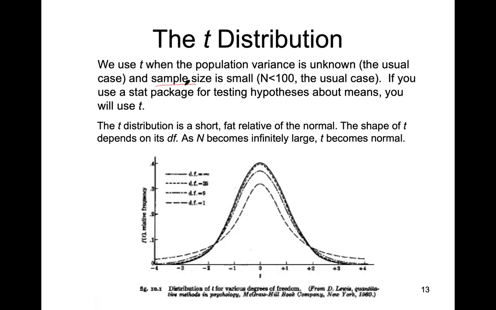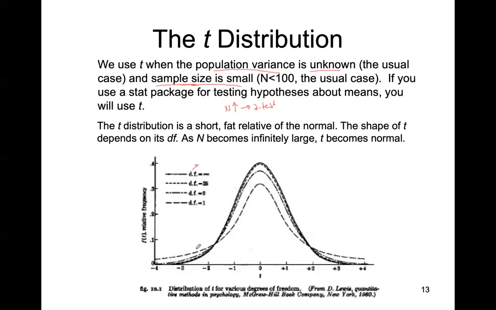Sample size is critical, and also population variance is critical, okay? So we don't know the population variance, and sample size is usually small, okay? If n goes up, it becomes a Z distribution, right? Very nice, thank you, you remember those kind of things. If n goes up, that means degrees of freedom goes up, and it will be more similar to a normal distribution, okay?